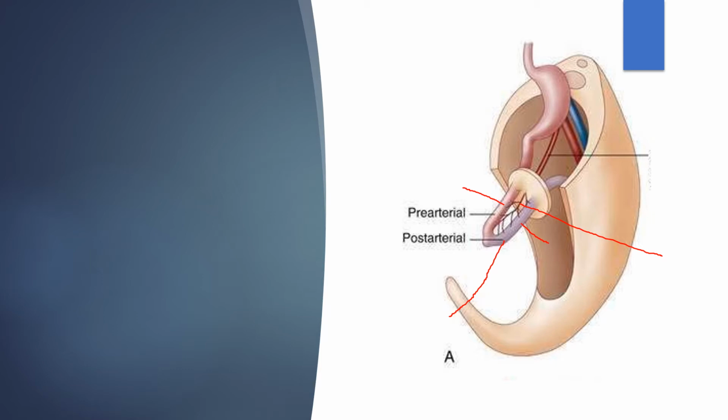So this is what happens now, and we can see a small cecal bud in the caudal limb. Once the cecal bud appears, regression of the vitellointestinal duct will occur.